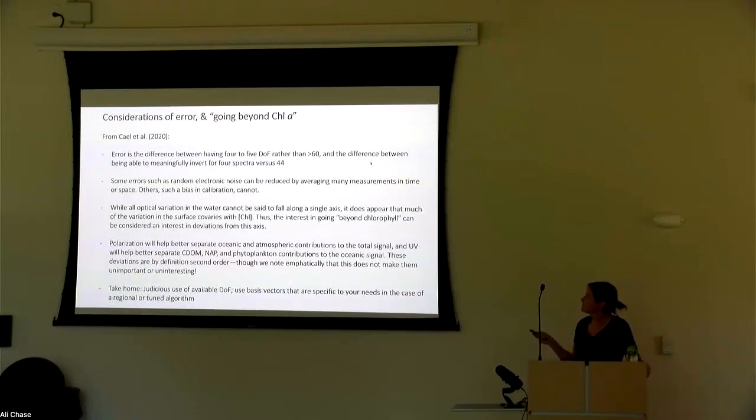Error is the difference between having 4 to 5 degrees of freedom rather than more than 60. And there's also a recent follow-on paper from just a few months ago, looking at degrees of freedom in Rrs, not just absorption spectra. And unsurprisingly, there are only a few, because there are only a few in absorption spectra also.